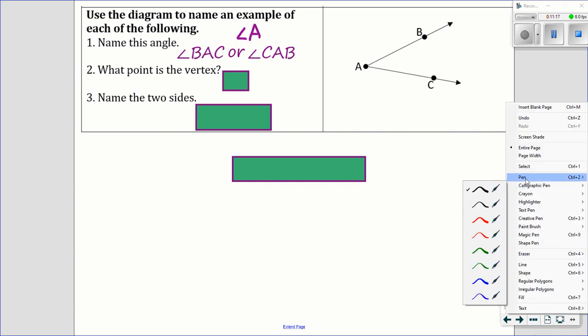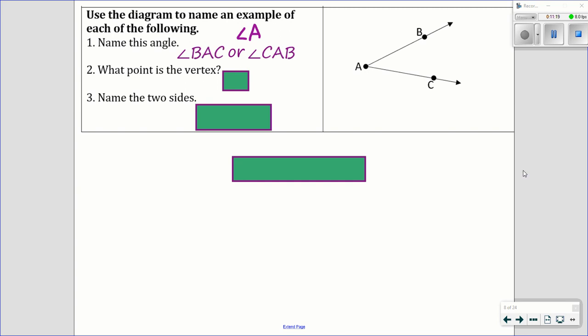And then they want you to know what point is the vertex. The vertex, you got 2 rays where they share a common endpoint, that is the vertex, point A. That's how you would write it, point A, or write the word point A. Name the 2 sides. You got side AB and AC.